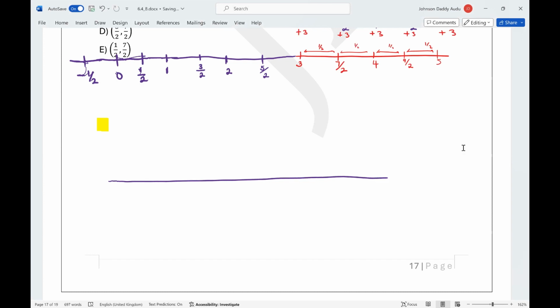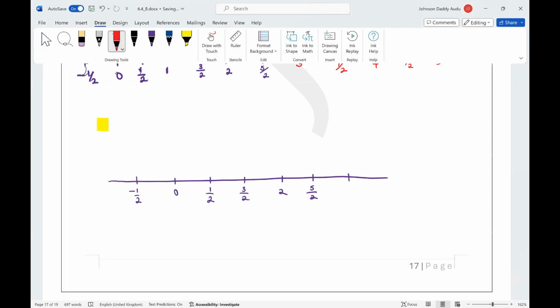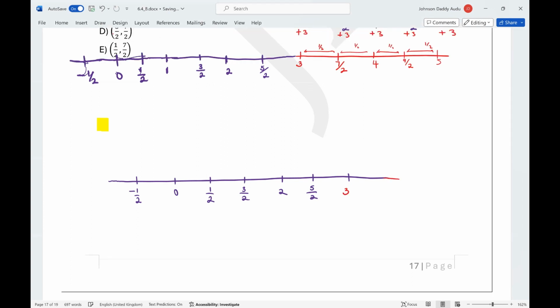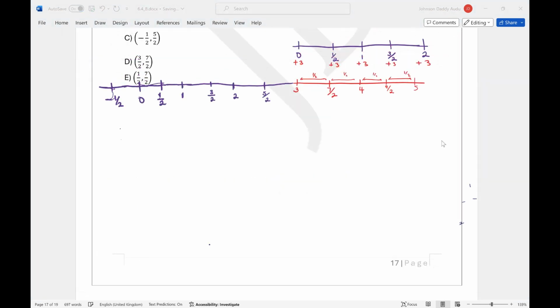We will focus from minus half to where? To 7/2. So this will be 0. This will be half. This will be 3/2. 2, 5/2, and 3. Let me use the red. 3, and then what? 7/2, which is 3.5.